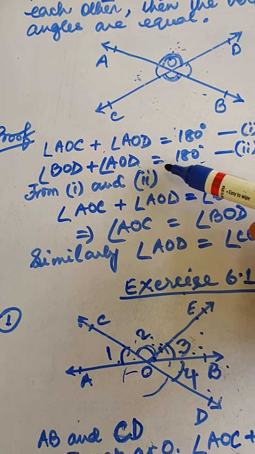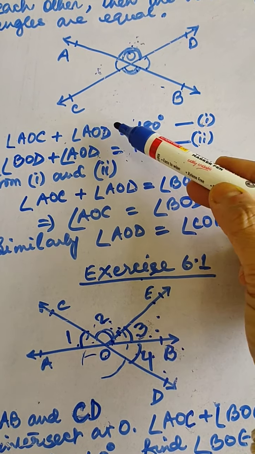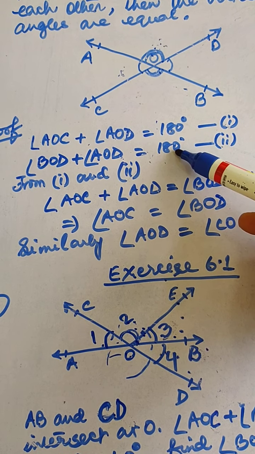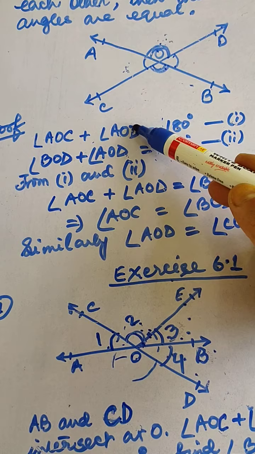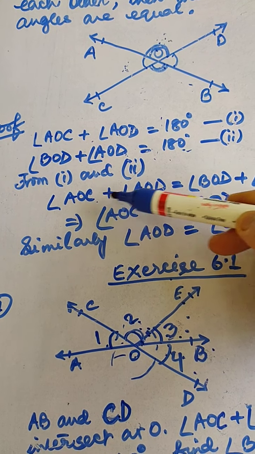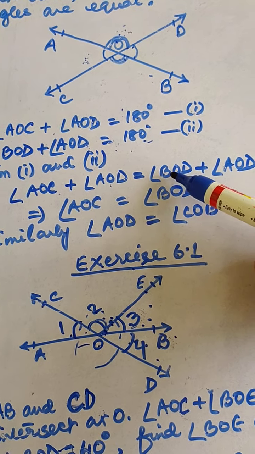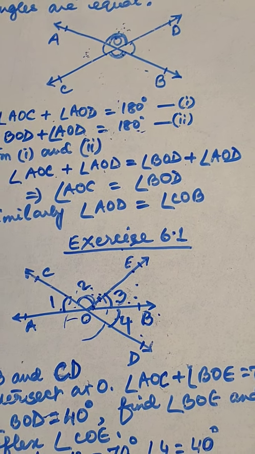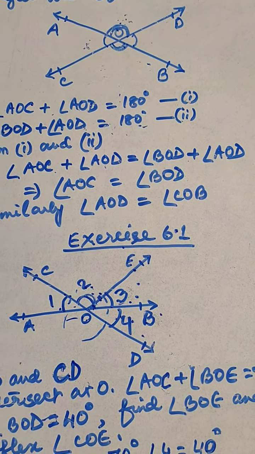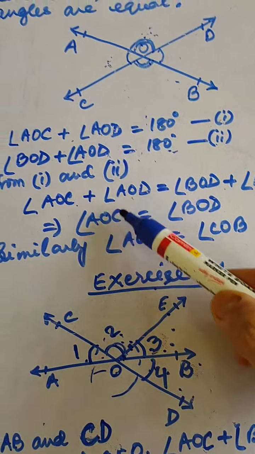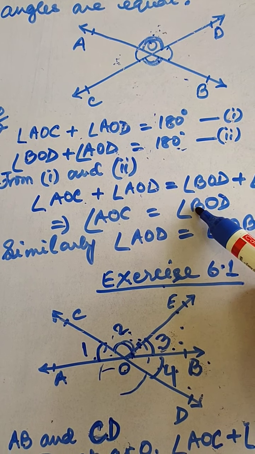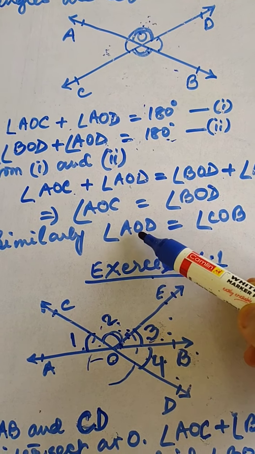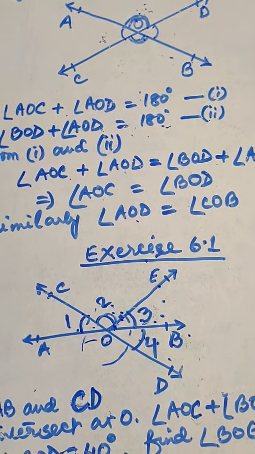Since both are equal to 180 degrees, we can equate them: angle AOC plus angle AOD equal to angle BOD plus angle AOD. Now angle AOD is common on both sides, so we can write AOC equal to BOD. Similarly, we can show angle AOD equal to angle COB.